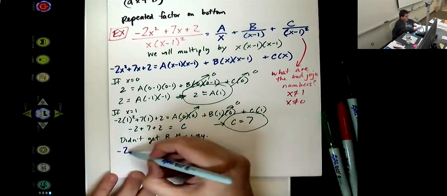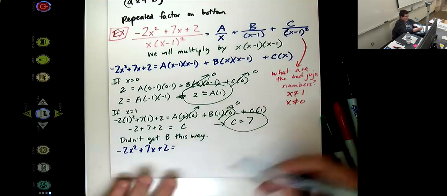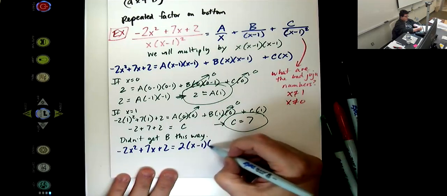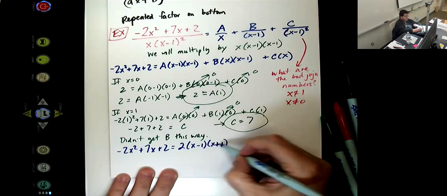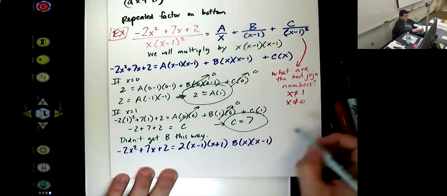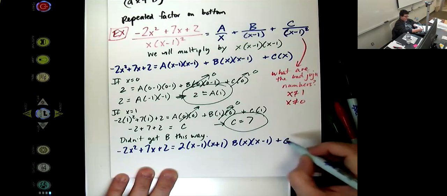I got -2x squared plus 7x plus 2 equals A, but A is 2. And C was 7.